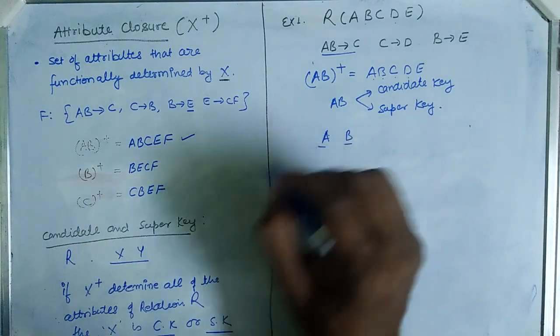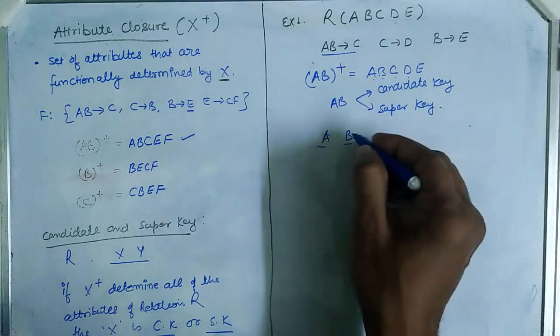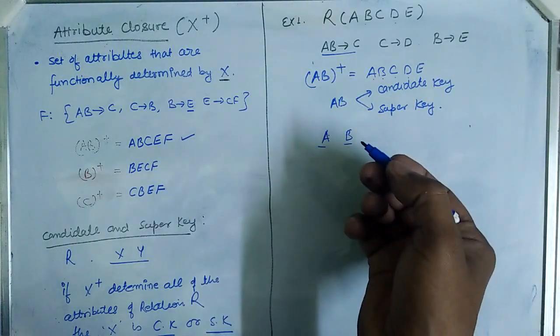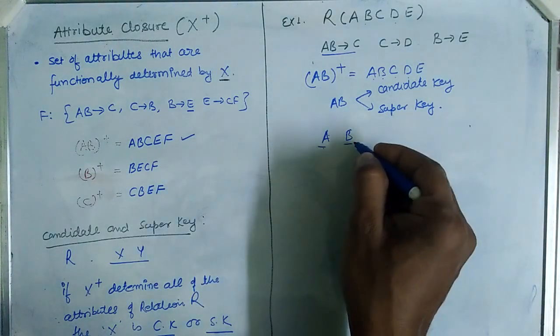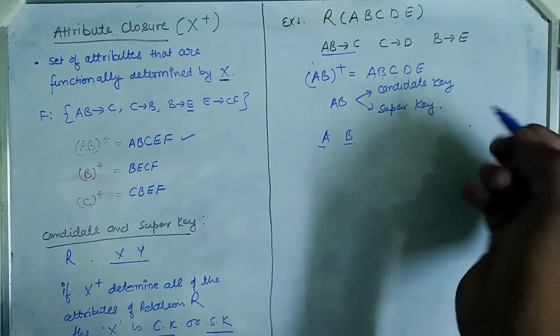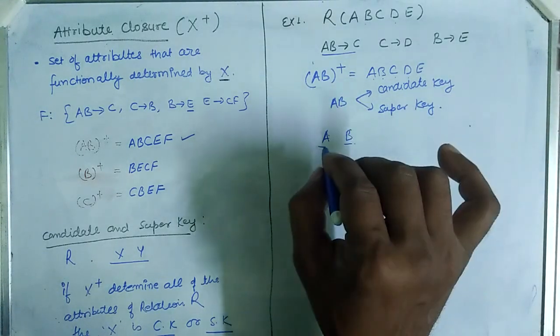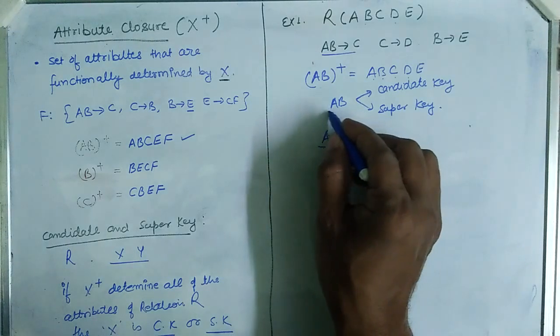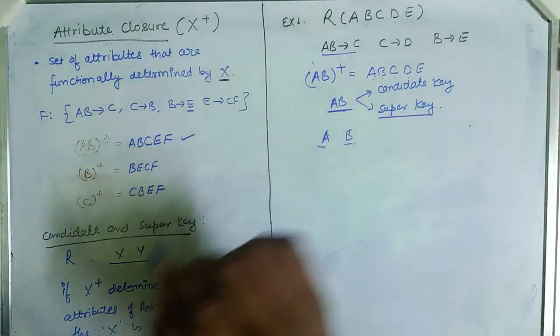If A individually determines all the attributes, or B individually determines all the attributes, then A or B may be a candidate key. If this hypothesis is true, then we can say that AB is a super key.